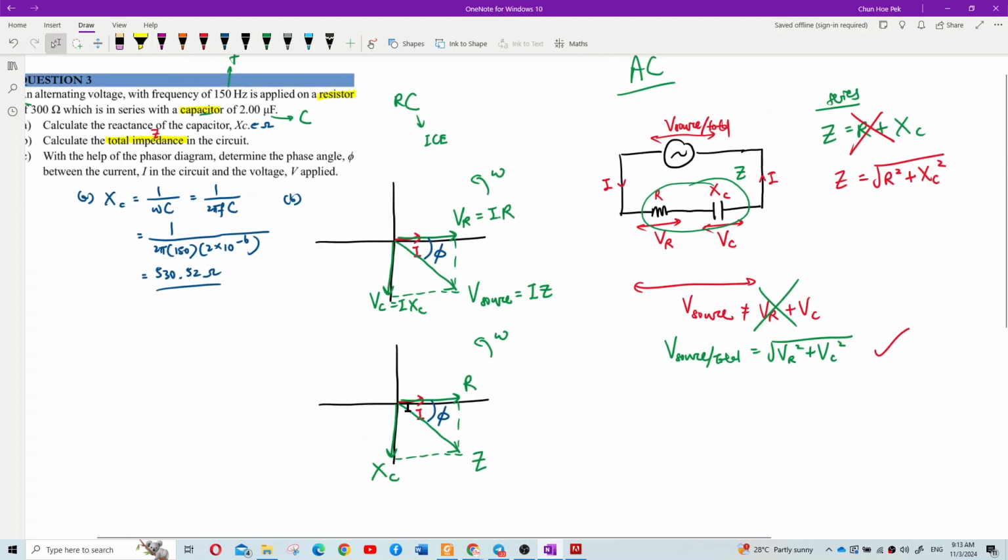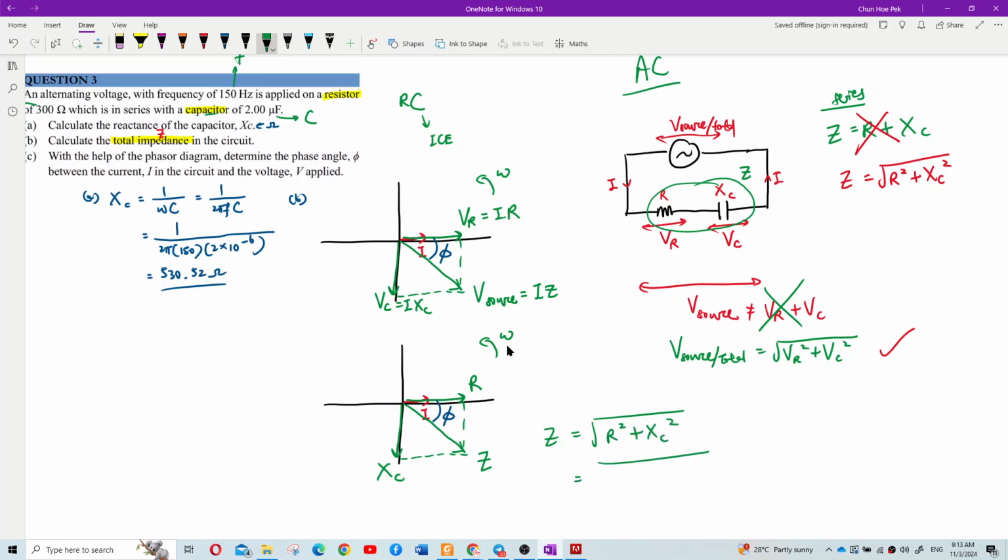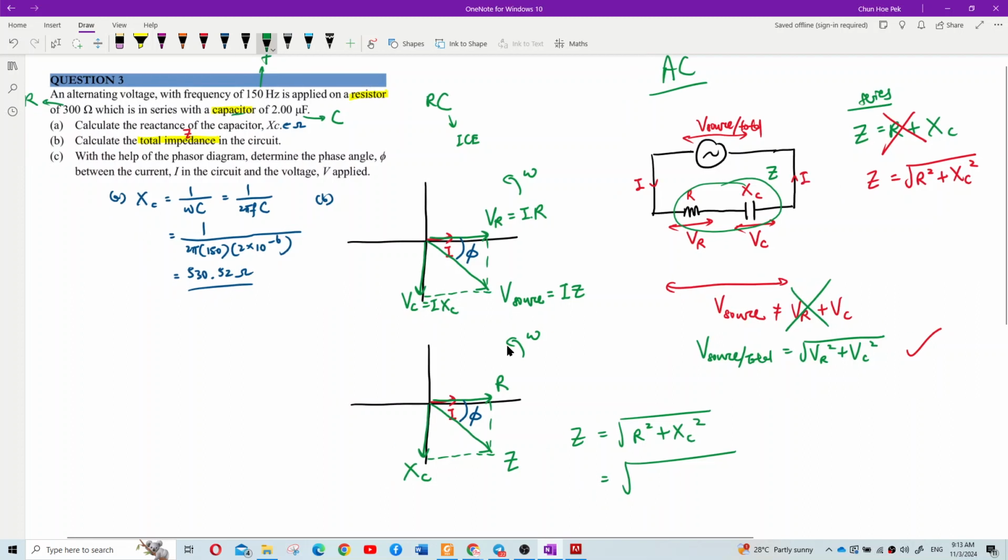Okay, so find the impedance. Okay, class, find the total impedance. So impedance Z equal to square root of R square plus XC square. R kamu berapa tadi? Your R is 300 ohm.